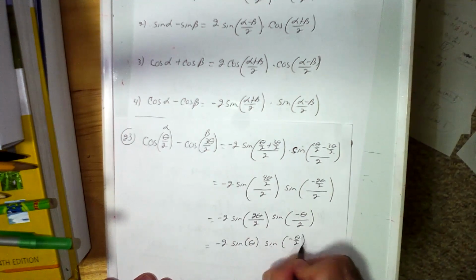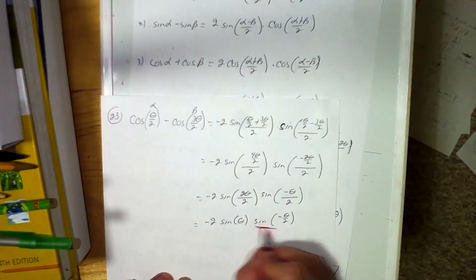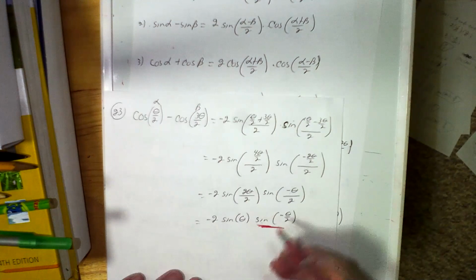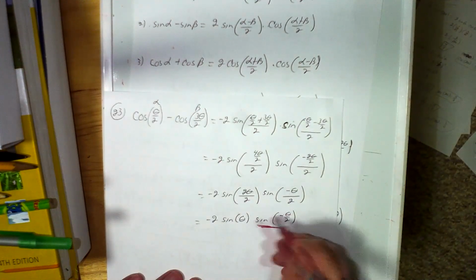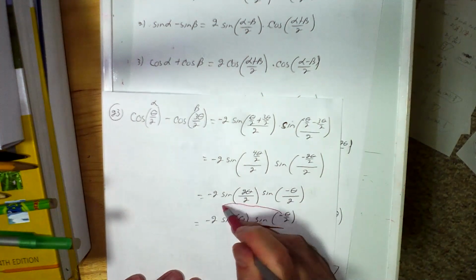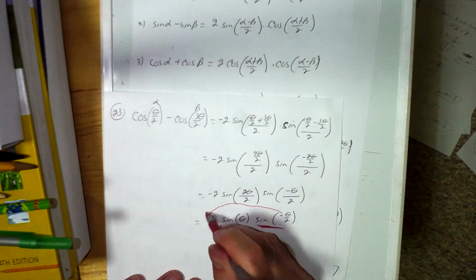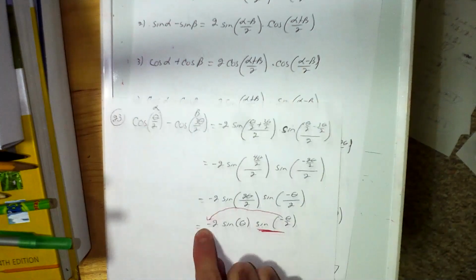But, uh-oh, we have a negative inside the sine function. And remember, sine is odd. So this negative is going to pop out. But we're not going to pop it out in front. We're going to go ahead and pop that sucker way at the end. And that's going to affect that sign. So we know that negative and that negative are going to cancel out each other, right?